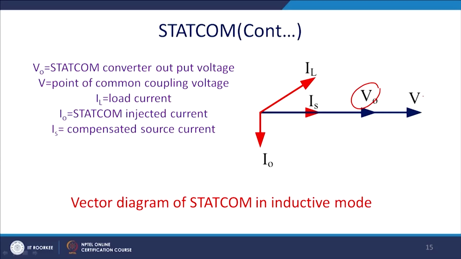In the same way, if you have a leading load current, which happens on very few occasions, Statcom has this flexibility also. Statcom converter output voltage is V0 and the system voltage is V, and IL is a load current which is leading, and thus the Statcom current will be lagging and it can make the source current unity power factor.